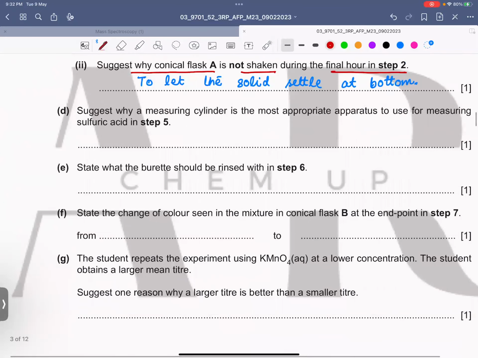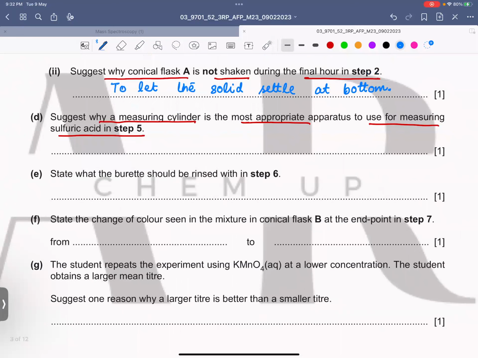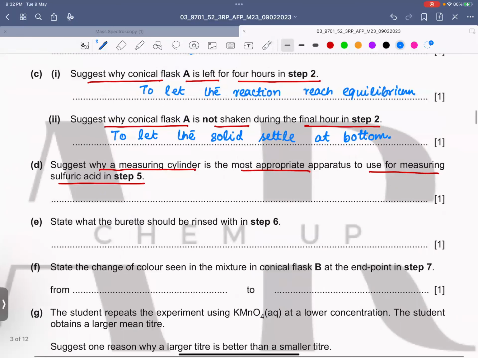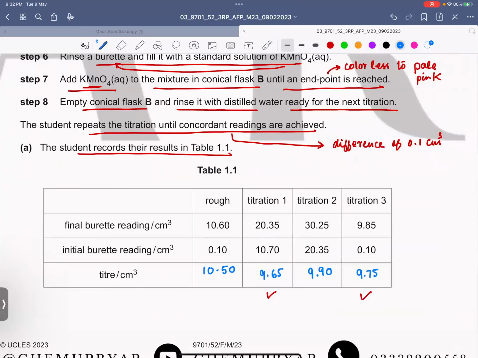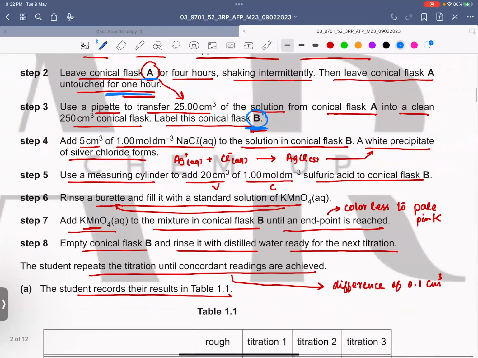Now, part D: suggest why a measuring cylinder is the most appropriate apparatus to use for measuring sulfuric acid in step 5. Normally, if you remember, whenever we use the measuring cylinder, it is for the reactant which is in excess.